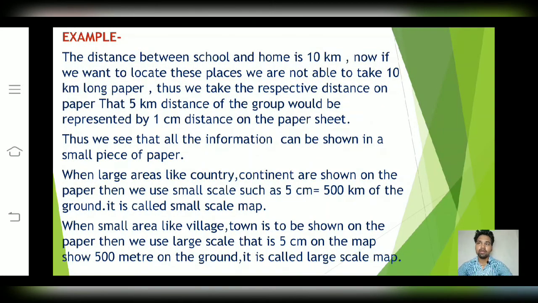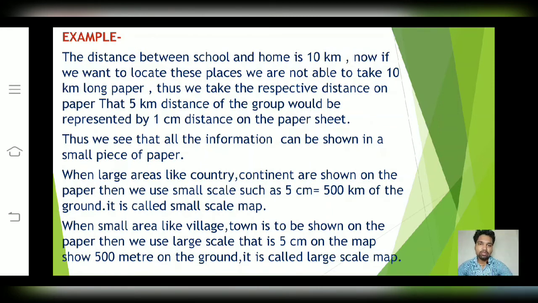For example, the distance between school and home is about 10 kilometers. Friends, if we have to travel or locate 10 kilometers, we will not use a 10 kilometer long paper. If we did, it would be more costly, more time consuming and more energy consuming.